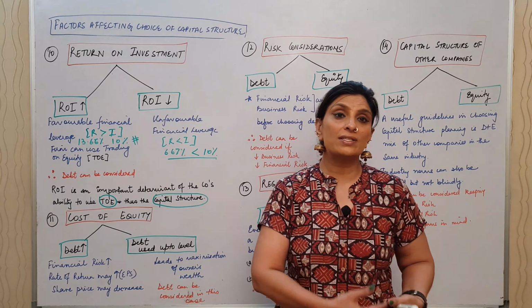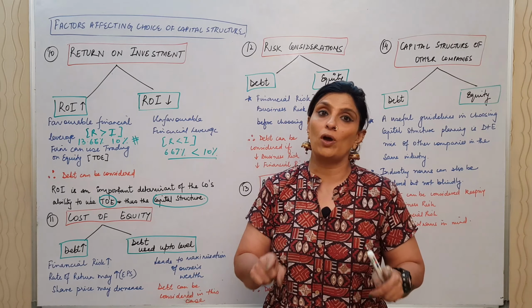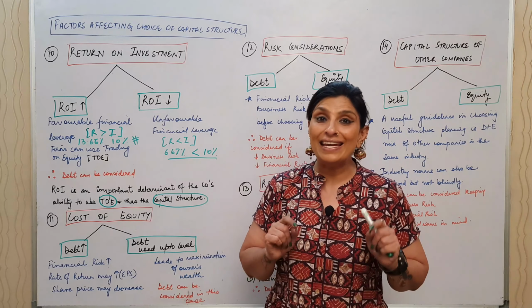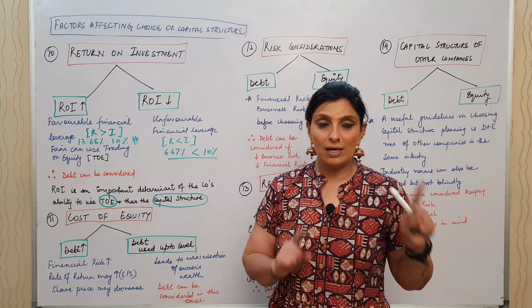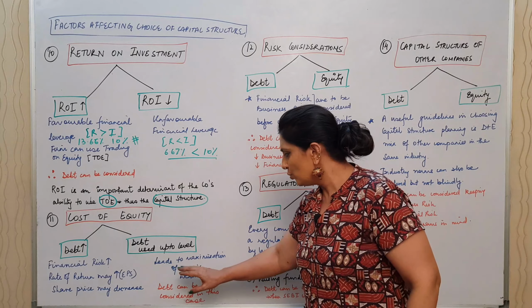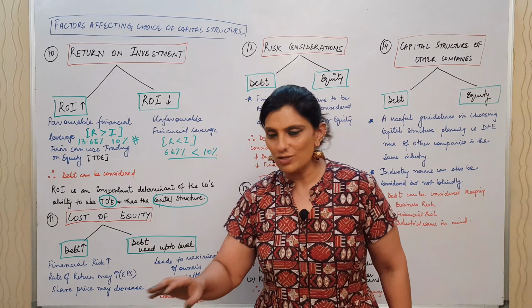Because if your financial risk is increasing, that means somewhere you are unable to pay off your interest obligation. That means the equity shareholders are incapable of paying off the debenture holders. And debt used up to a level, what does it do? It leads to maximization of owner's wealth because financial risk is not there.